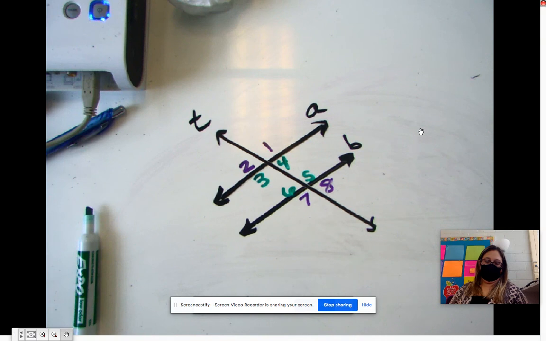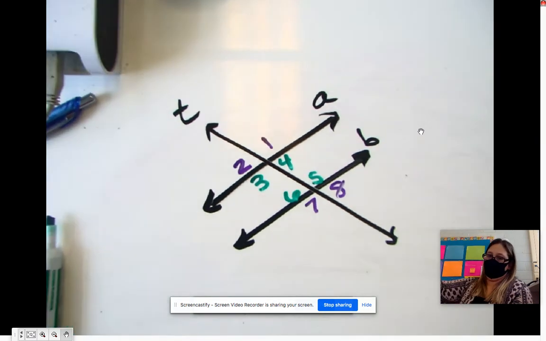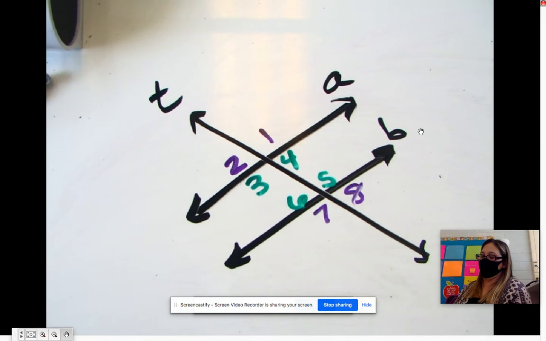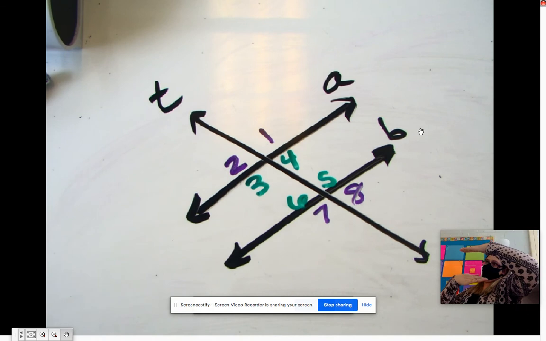This is how I want you to visualize it. All the green numbers, do you agree that those are in between the 2 parallel lines? So if I look at my parallel lines, inside of them are those green numbers. What's another word for inside?